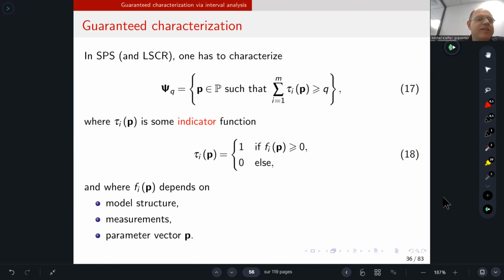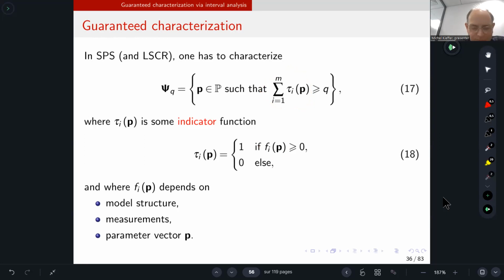So in both cases, in SPS or LSCR, what we have to characterize is the set of all values of the parameters such that the sum of some indicator functions has to be larger than Q. And these indicator functions are equal to 1 when Fi of P is larger than 0. And Fi of P depends mainly on the model structure, the measurements, and the vector of parameters.